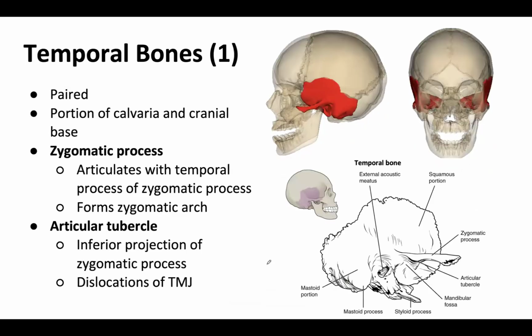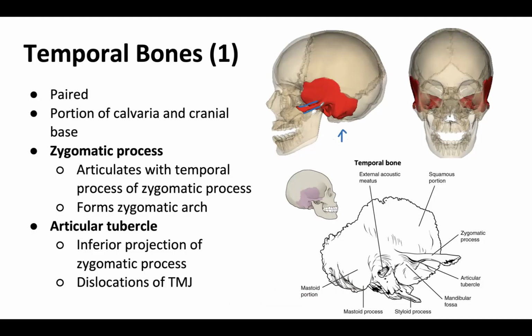So where the parietal bones are nondescript, the temporal bones are very much complex. They will be a portion of the lateral side of the calvaria, as is visible on this illustration, and a bigger portion of the cranial base. So let's focus on structures first that we can see from this lateral view of the calvaria, starting with the zygomatic process.